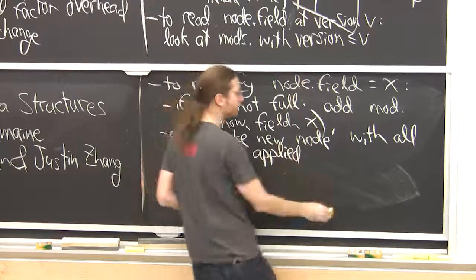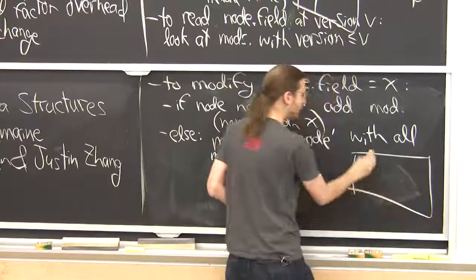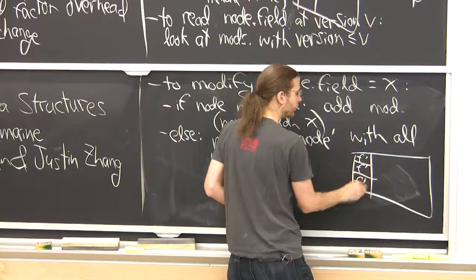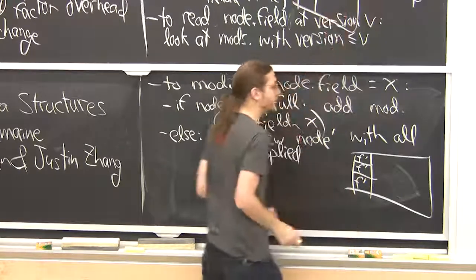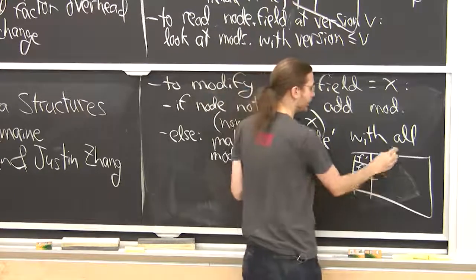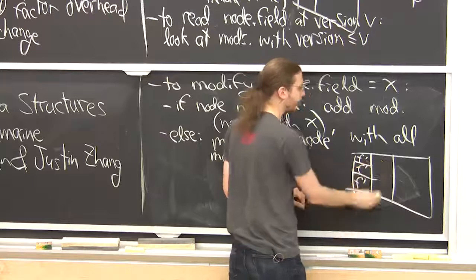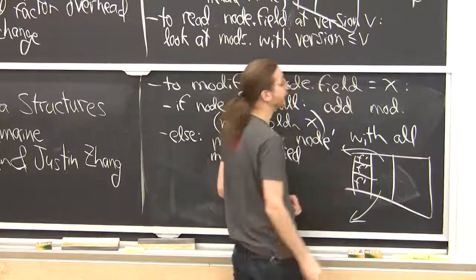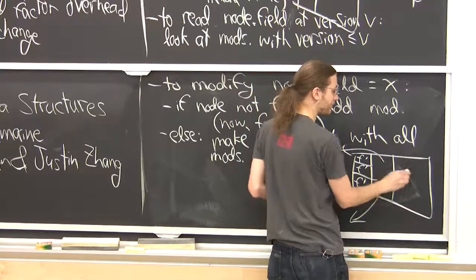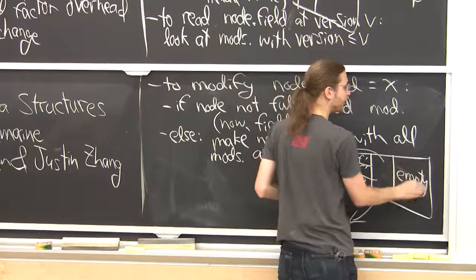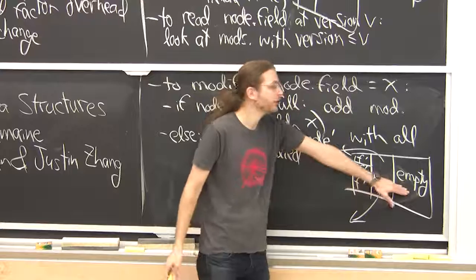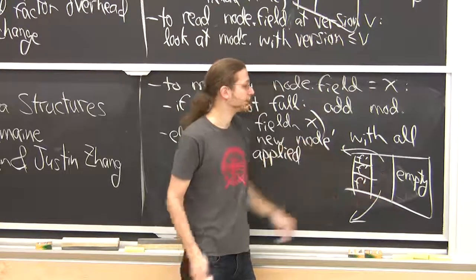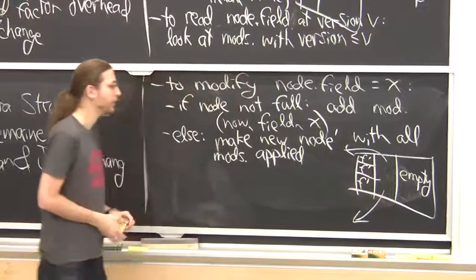It's going to have some different fields, whatever was the latest version represented by those mods. It's still going to have back pointers, so we have to maintain all those back pointers. And now the mods initially are going to be empty, because we just applied them all. So this new node doesn't have any recent mods. The old node represents the old versions, and this node has to represent the new versions.